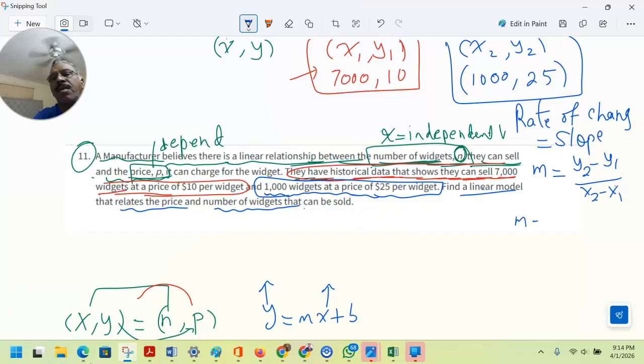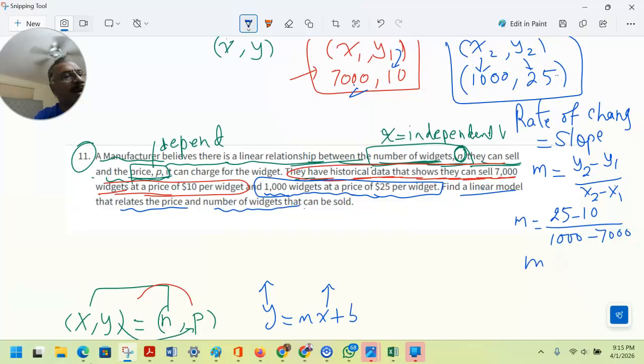So m equals y2, which is right here, 25, minus y1, which is 10, over x2, which is 1,000, minus x1, which is 7,000.